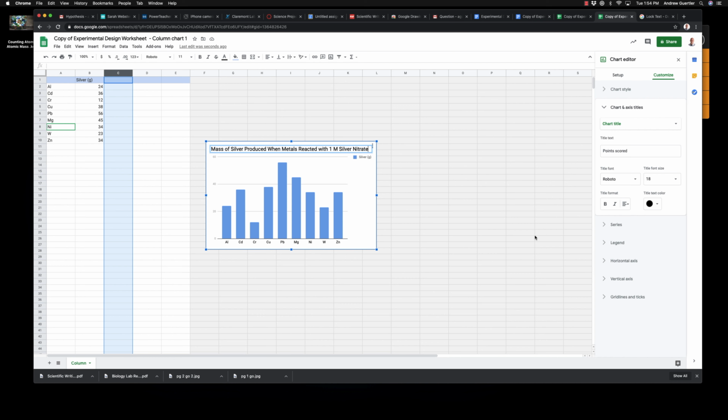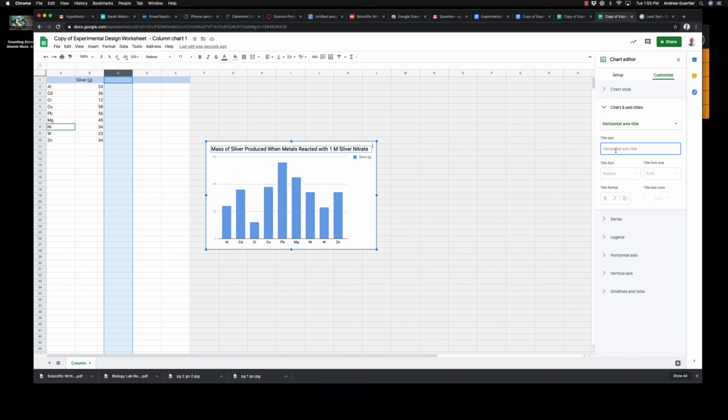Right? Our graph should have labels. Why are they not showing up? Let's see. Oh, here, chart axis titles.